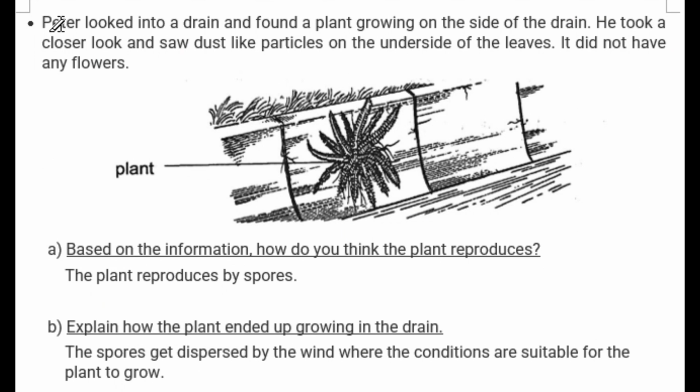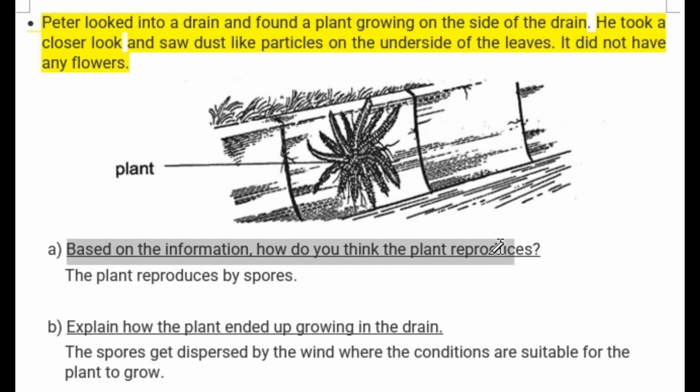Peter looked into a drain and found a plant growing on the side of the drain. He took a closer look and saw dust-like particles on the underside of the leaves. It did not have any flowers. Based on the information, how do you think the plant reproduces?